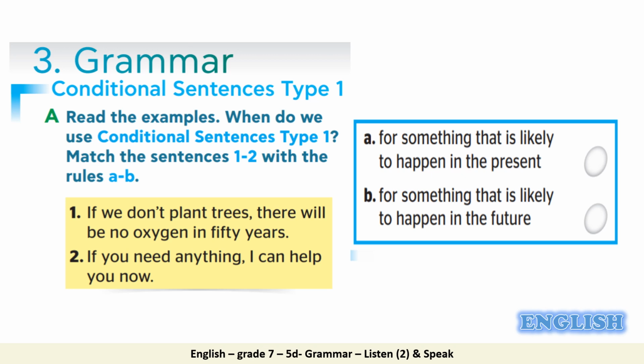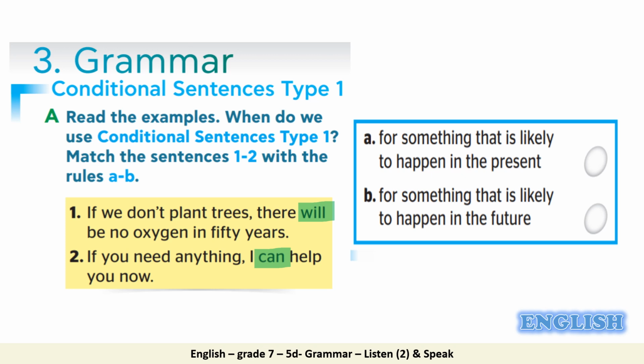Now, let's look at the second sentence. If you need anything, I can help you now. How is this sentence different from the first one? Look closely. The difference is that the modal verb can is used instead of will. It refers to something that may happen in the present.